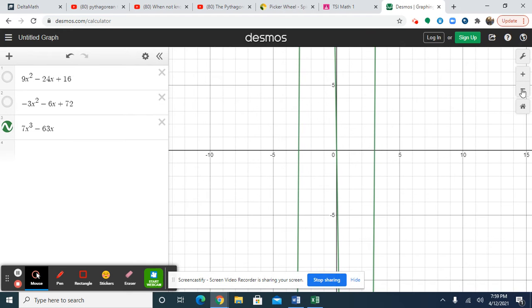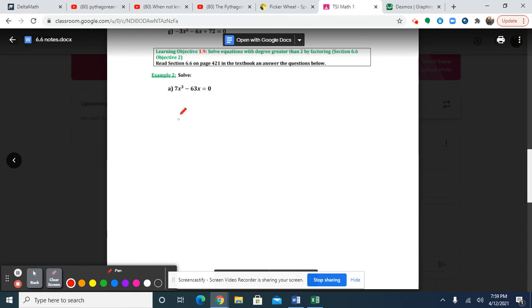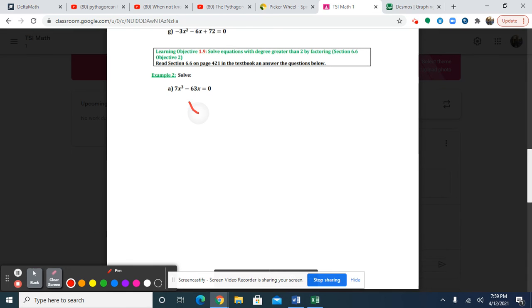What this means is that we're going to cross 3 different times. Once at negative 3, again at 0, and then finally at 3. So all those would be our solutions. x is equal to negative 3, 0, and 3.